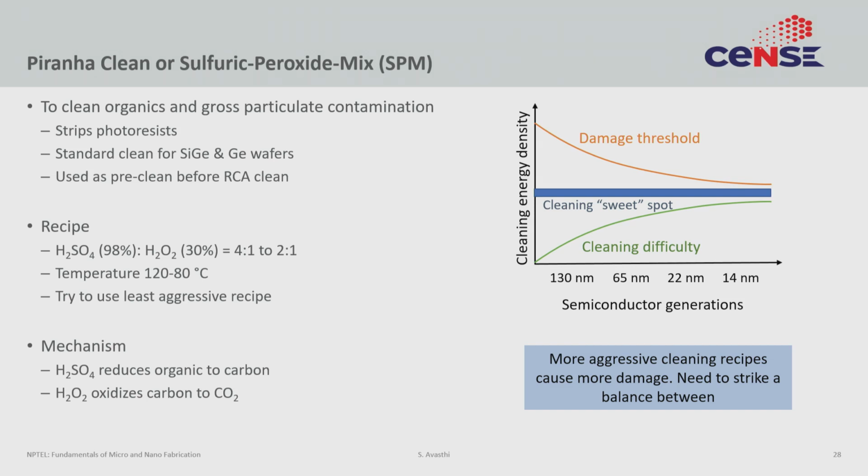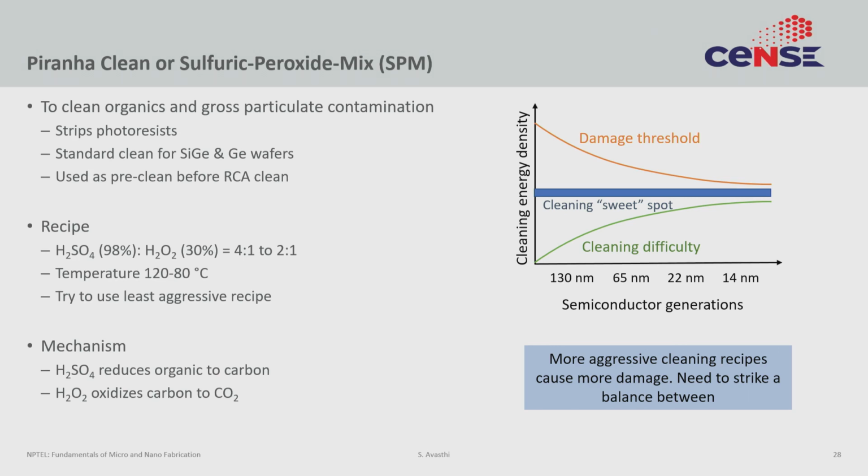It also strips photoresists. It is a standard process for cleaning silicon germanium wafers because silicon germanium wafers are not compatible with the next clean I am going to talk about. So, this is the primary way to clean those wafers, and it is also used as a pre-clean before the RCA clean. RCA is the next clean we will discuss.